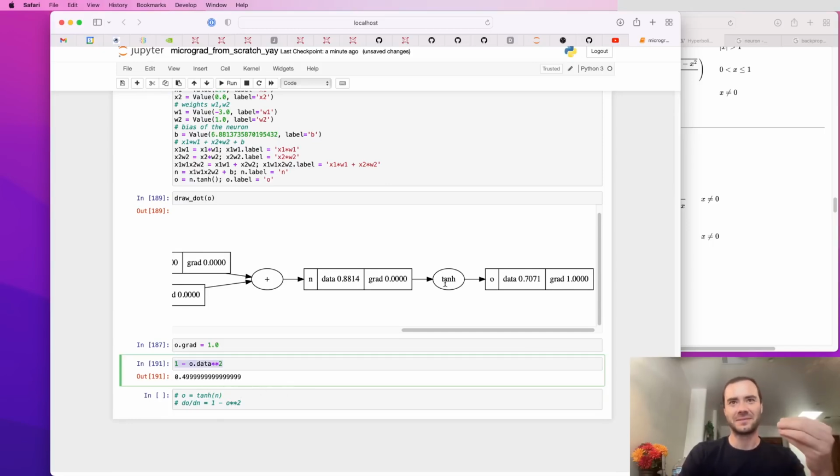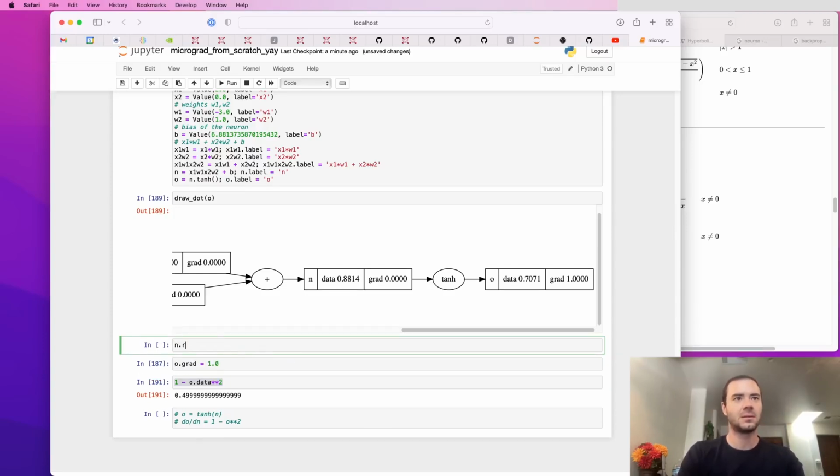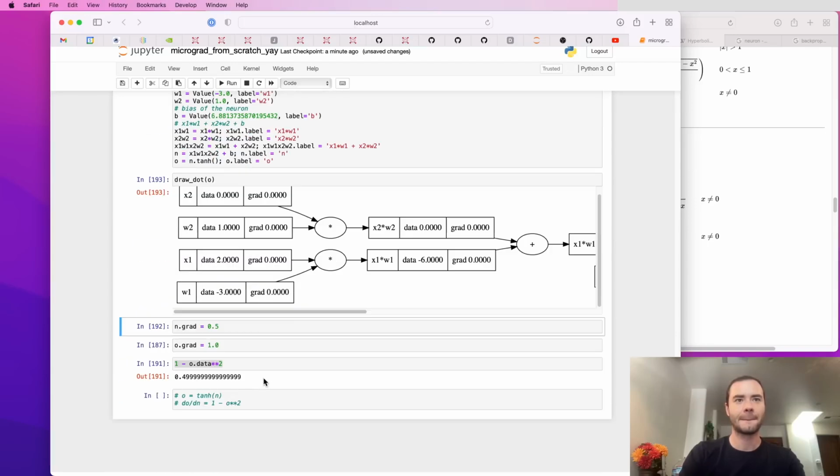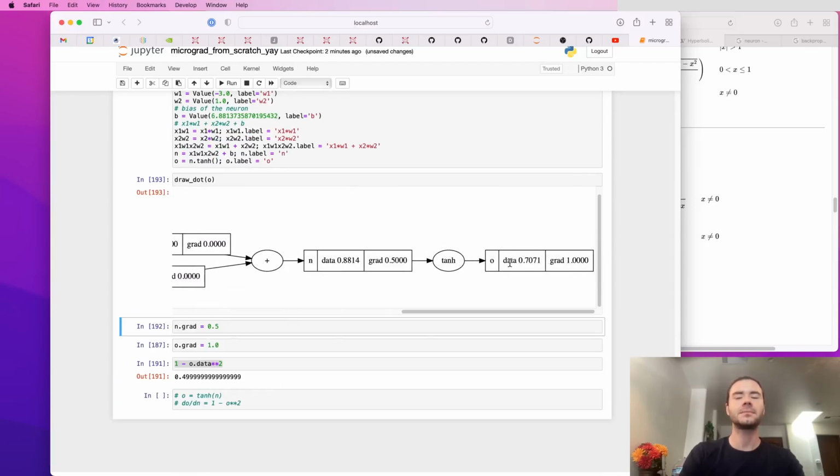So the local derivative of this tanh operation here is 0.5. And so that would be do by dn. So we can fill in that n dot grad is 0.5. We'll just fill it in. So this is exactly 0.5, 1/2.